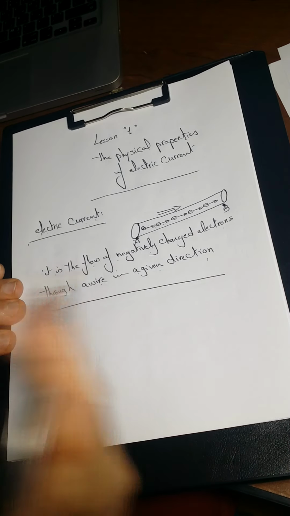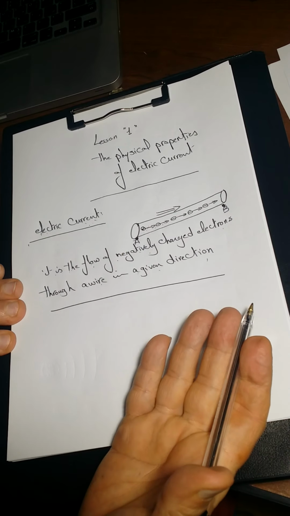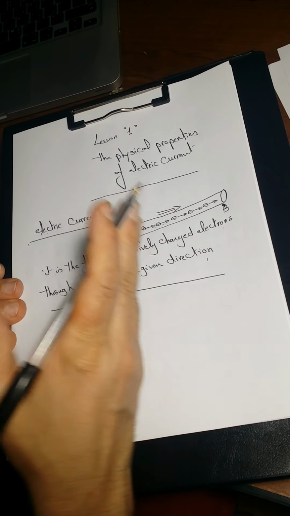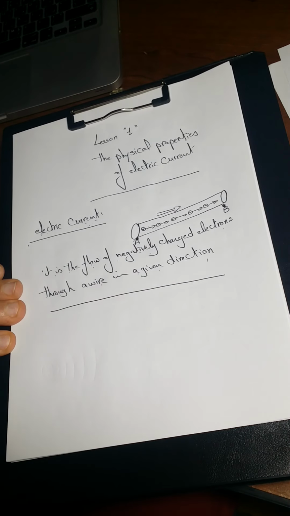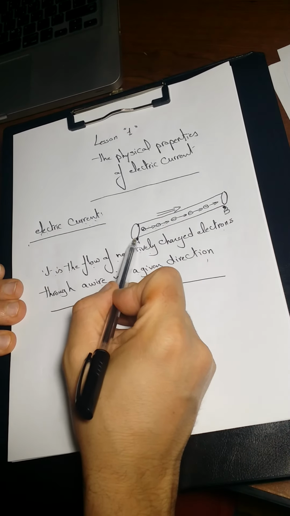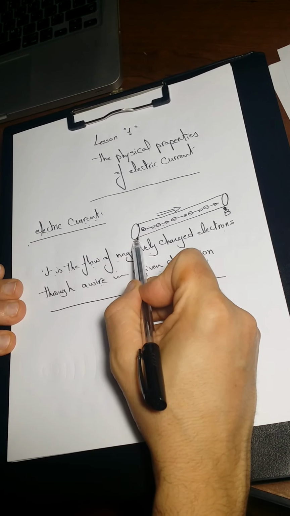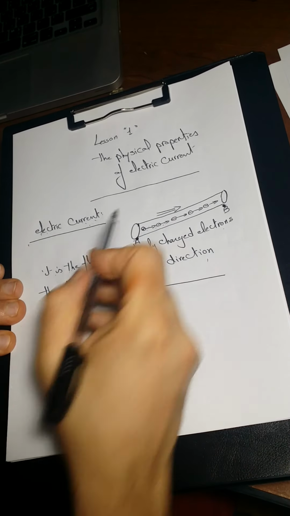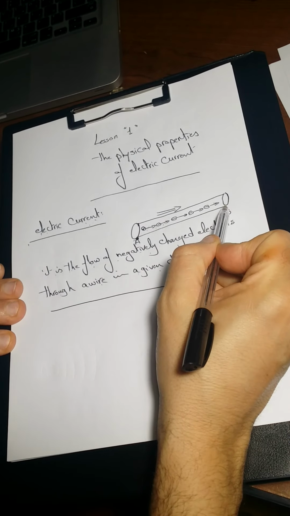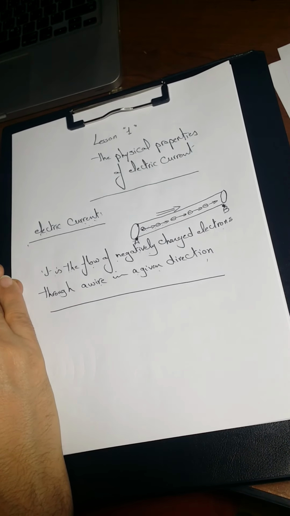And why are the electrons moving at all? There should be a reason for the electrons to move, and the motion has to be from A to B, not from B to A.